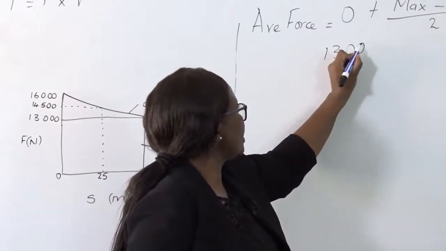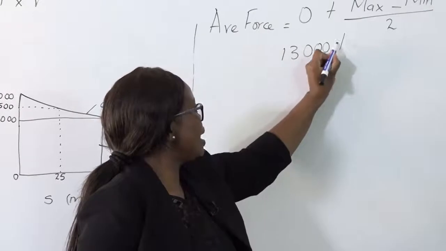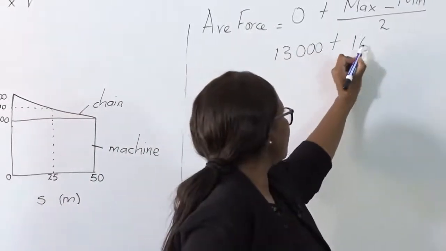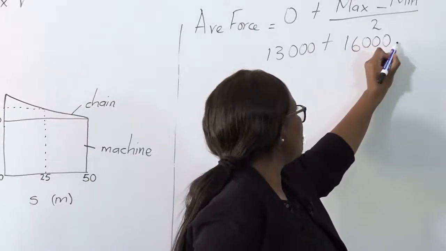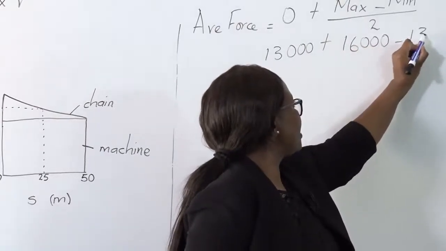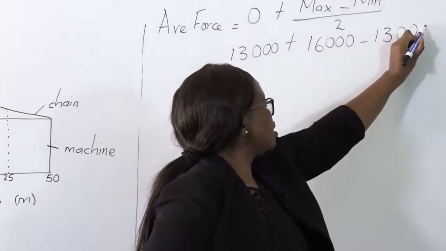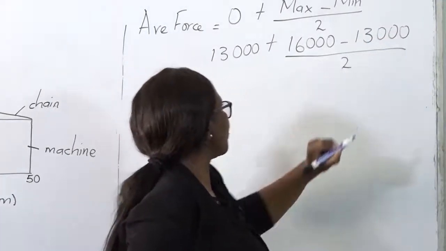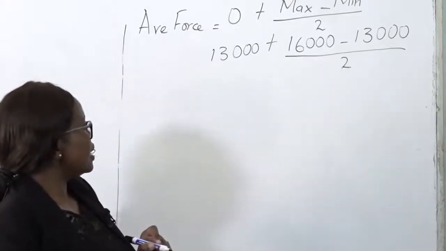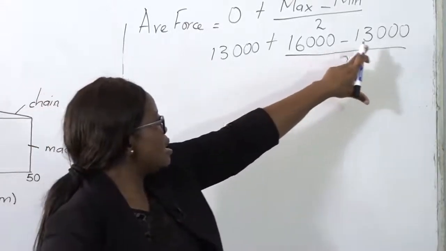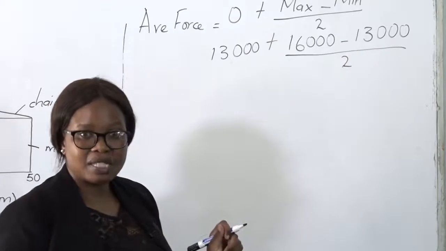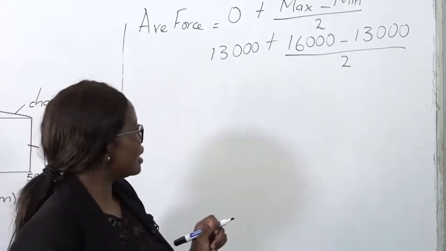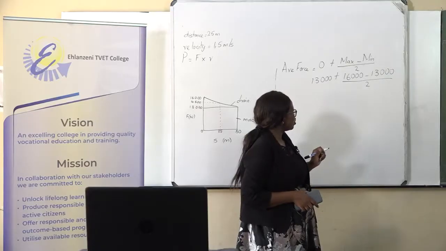So we are saying 13,000 plus the maximum force, which is 16,000, minus minimum 13,000, divided by 2. Let's calculate 16,000 minus 13,000.